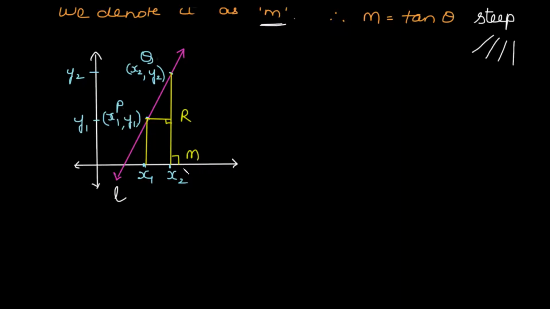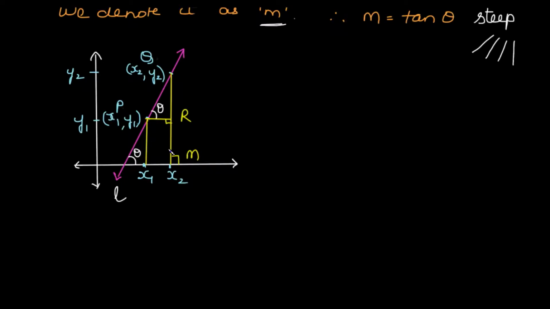Now, in this case, the line has an inclination theta. It makes an angle theta with the positive x-axis. Because this angle is theta, angle QPR, which is a corresponding angle with this angle, is also theta. So, the measure of QPR is also theta.